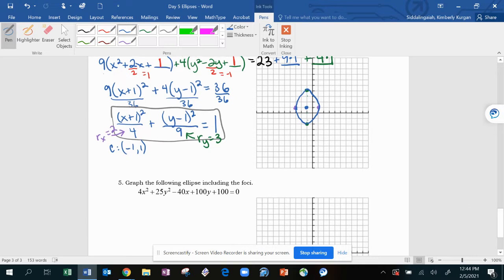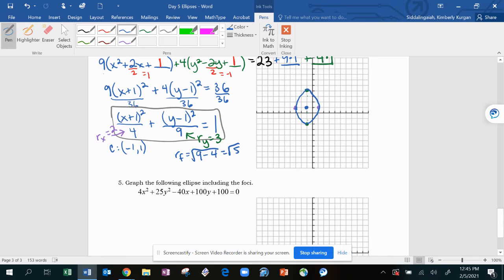But it said to graph my foci as well. So to find my foci, I'm going to look under here, because remember I'm looking for the radius for the foci. I'm going to do the square root of the bigger number minus the smaller. So if I do 9 minus 4 under the square root, I get the square root of 5.